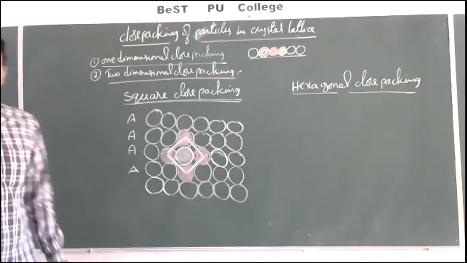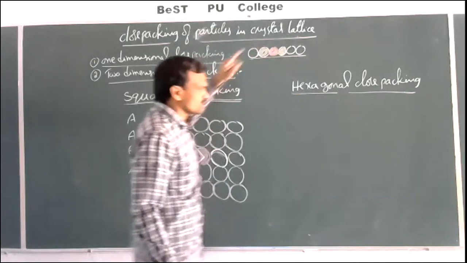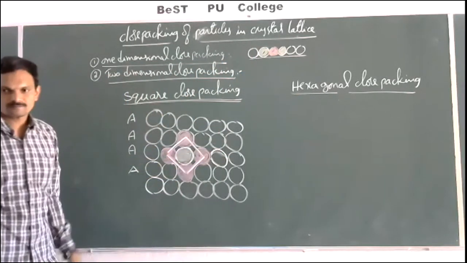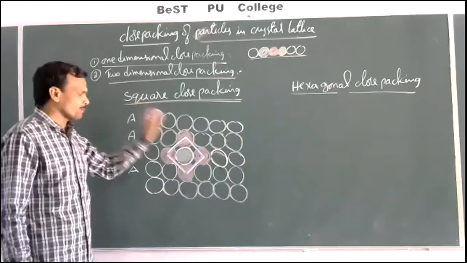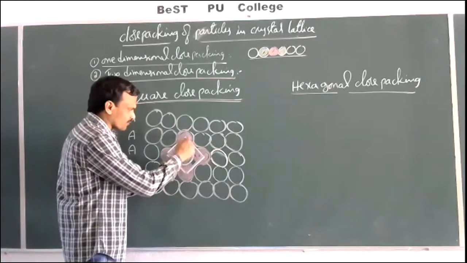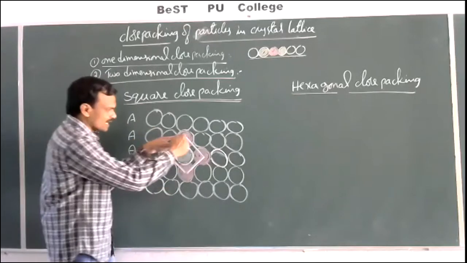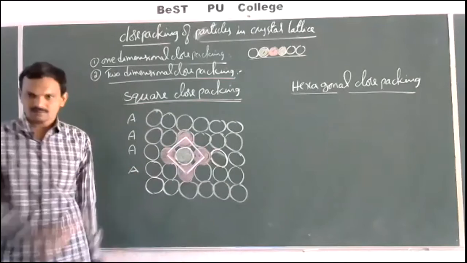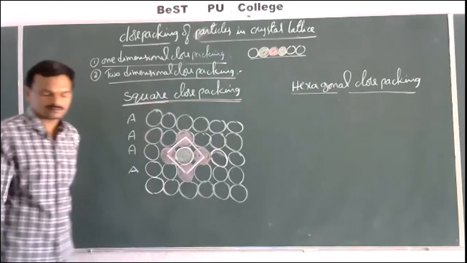That means if you have placed one-dimensional rows in such a way that the same row gets repeated, then if you select any particle in this lattice, each particle is in contact with the four nearest neighboring particles. And if you join the centers of these four spheres, you get a shape of a square. That's why this is called a square close packing.